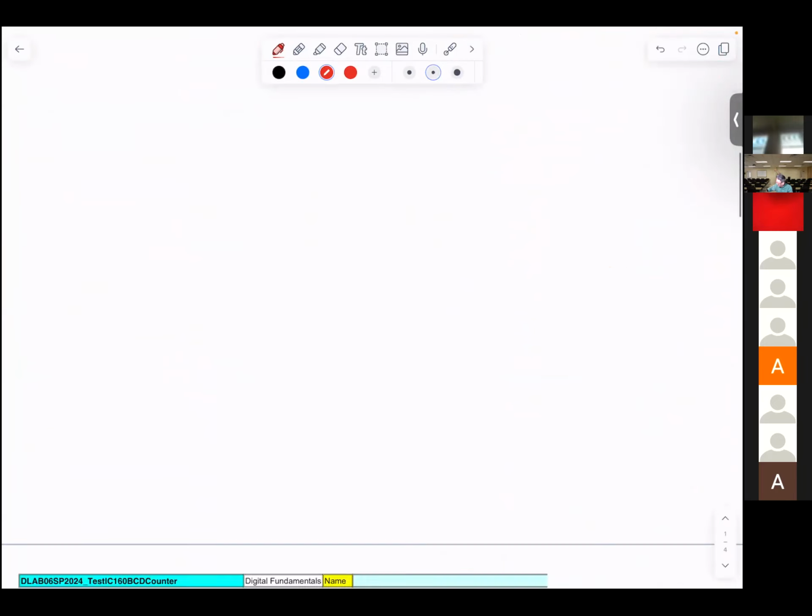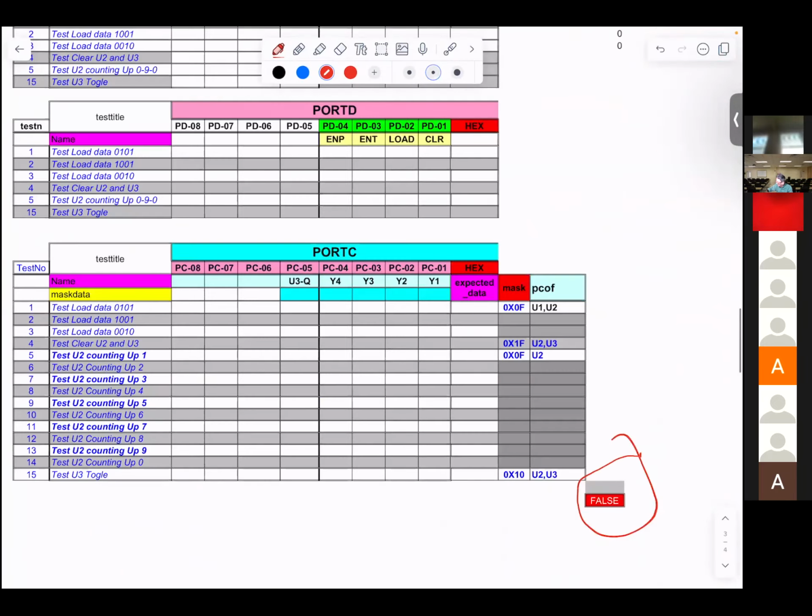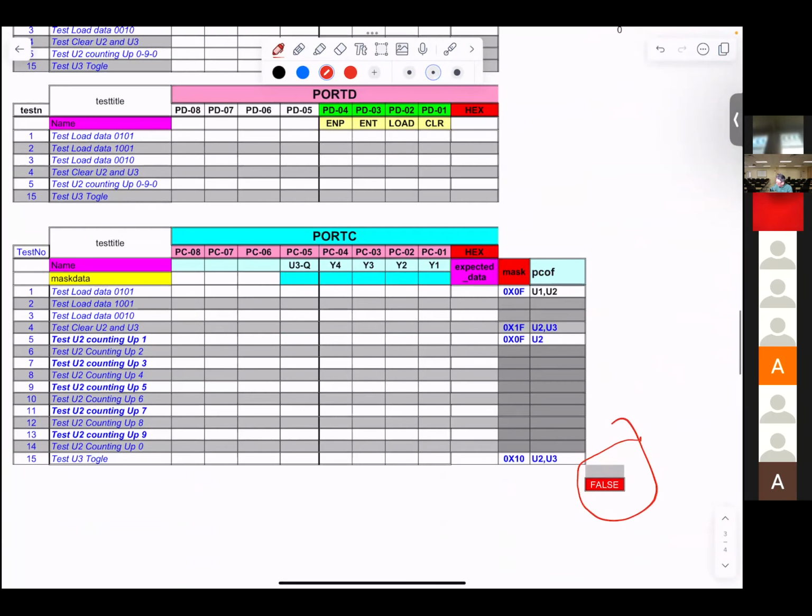Now see how many test numbers there are: 1, 2, 3, 4, 5, 6, up to 15. You load here, load here, load here, clear, counting up, up, up. The last one will be test U3 for toggle.